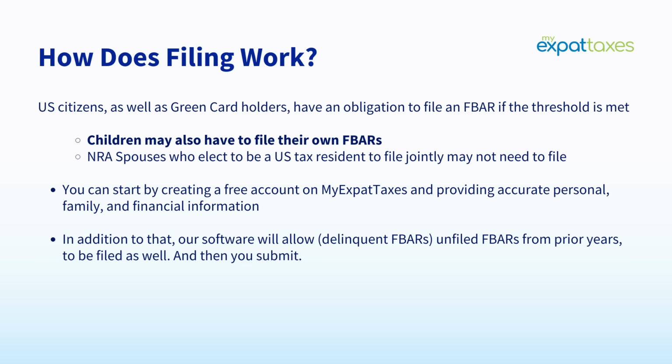So again, in the example I gave earlier, if you are filing an FBAR and on your FBAR you have a couple custodian accounts that you're including on there, accounts that you have signature authority over, so you opened investment accounts, saving accounts, etc., for your children to help them save money later on. Those accounts definitely have to be on your FBAR because you have signature authority on them.